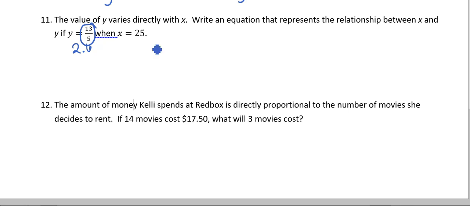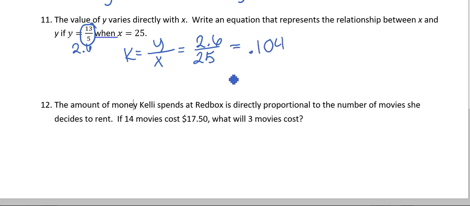So I need to do y over x to get my slope, or my k value. So I am going to do 2.6 divided by 25. By doing this, I get 0.104. So my equation is y equals 0.104x.